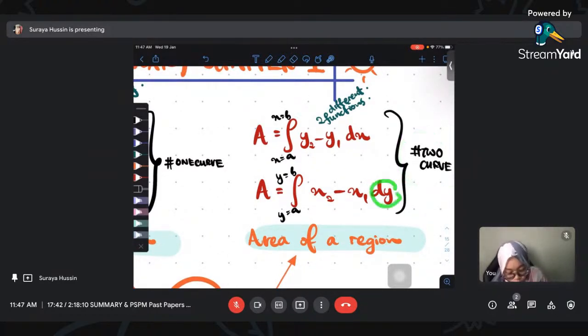While this one, kalau hujung-hujungnya dy with respect to y and the value of y, jadi tengah-tengah dia mesti function x, betul tak? Dan untuk case dua curve, hashtag two curves here, must have two different function of x. X function tolak x function. Okay, dia ada dua function yang berbeza. I said here, two different function. Dia mesti berbeza function. Okay, dia memang mesti dua function yang berbeza.